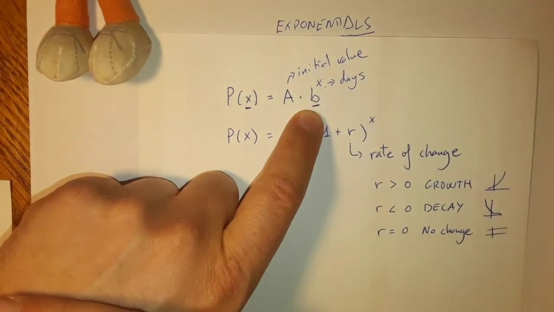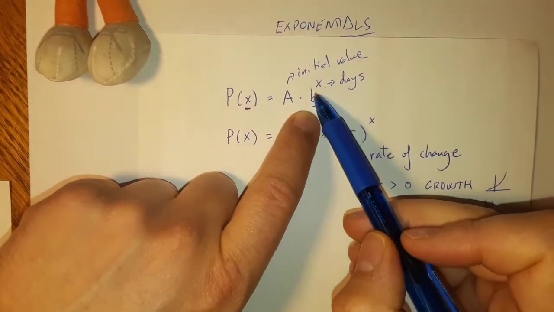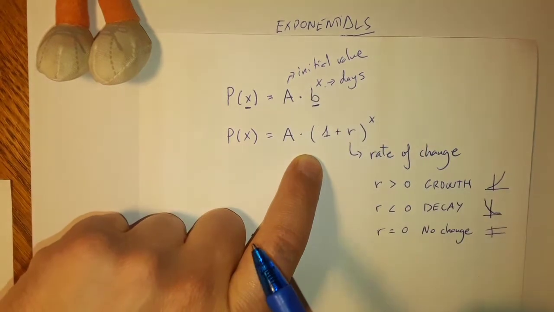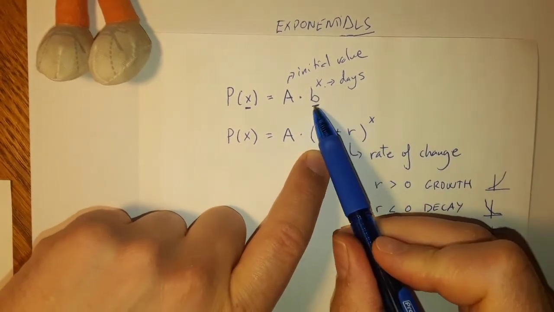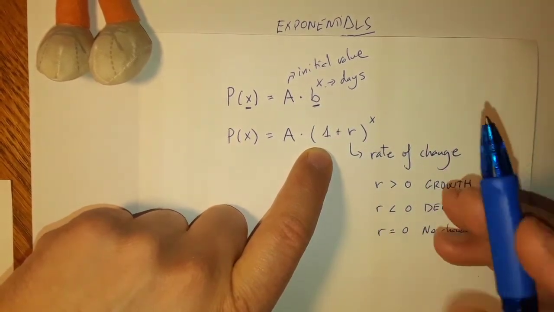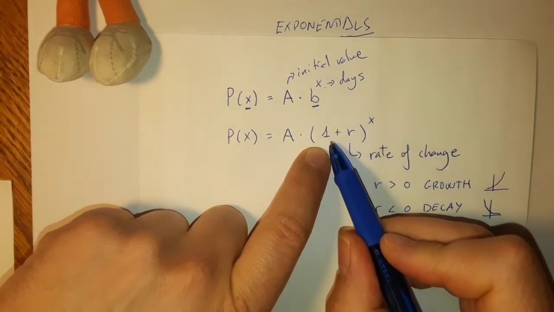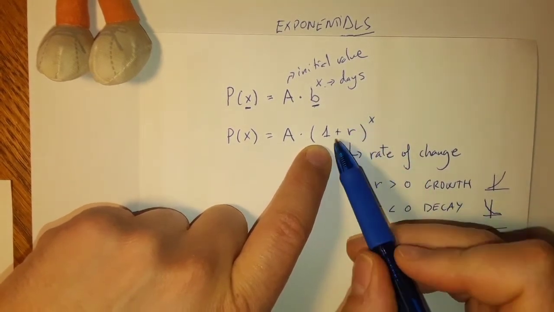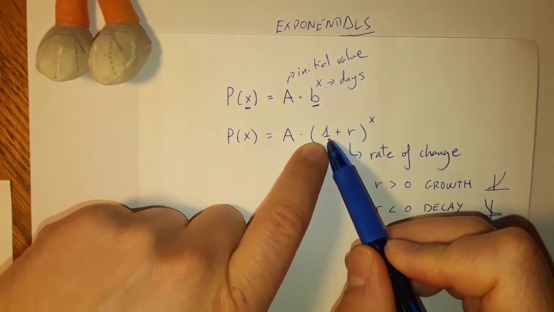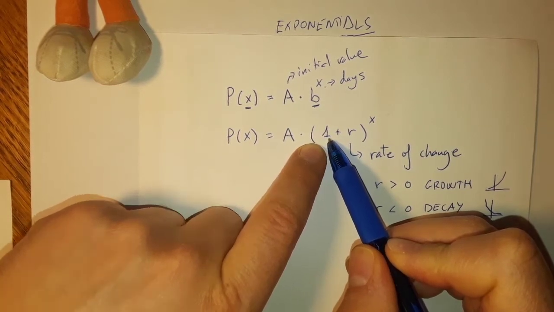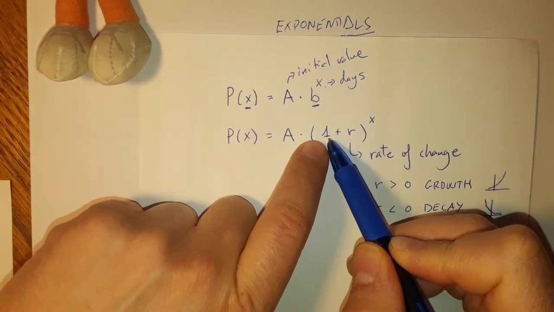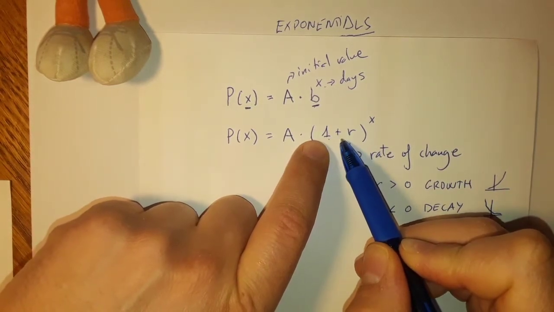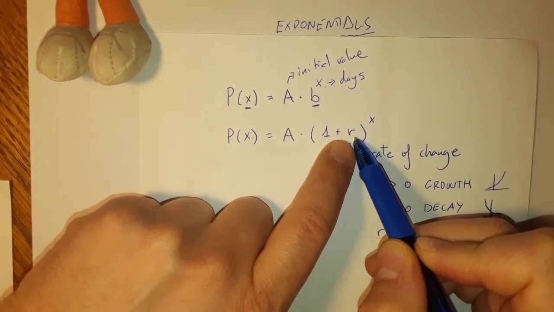If we look more closely at how B is built up, B actually has two different things in it. This one represents that the cases don't disappear. So for tomorrow, we're going to have the cases of today plus whatever is new.